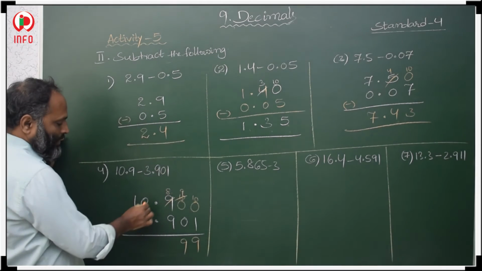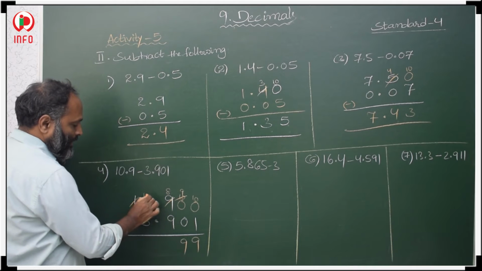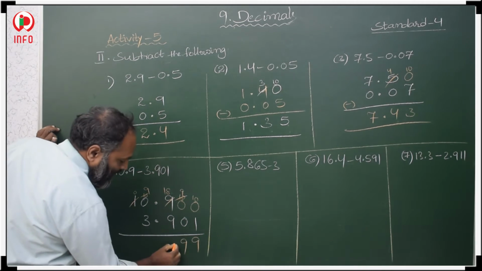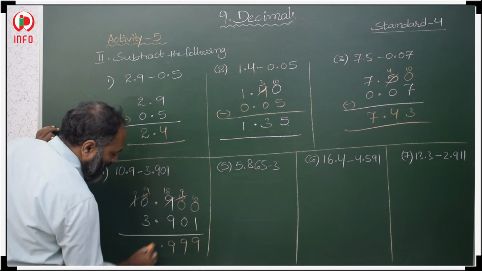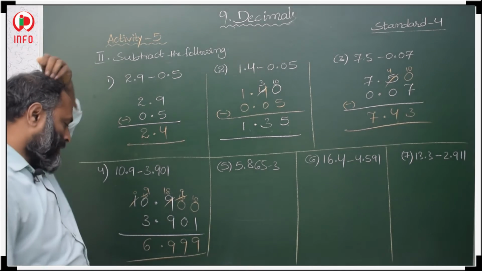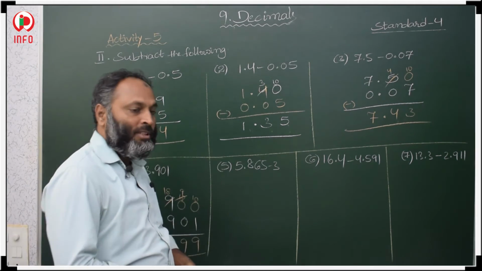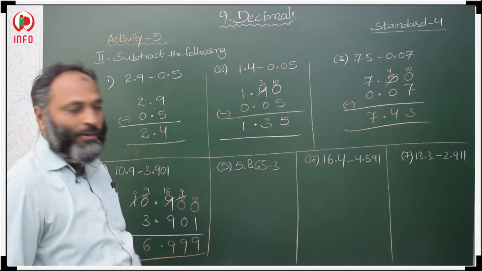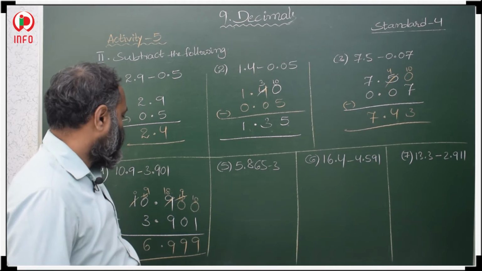Then from here to here we have to take 10, here 0 and it will get 9, here 18. 18 minus 9 is 9. 9 minus 3 is 6. 6.999. Not 6.000. 6.999. Okay.